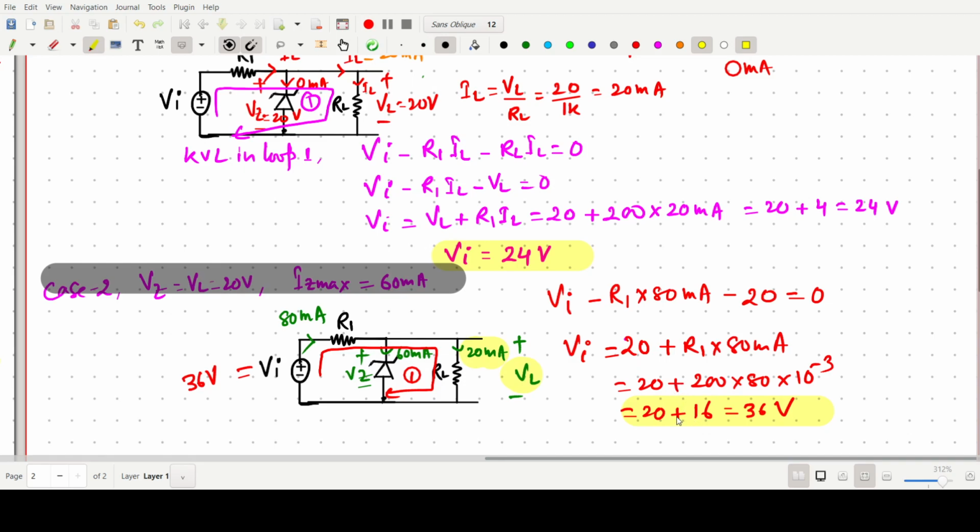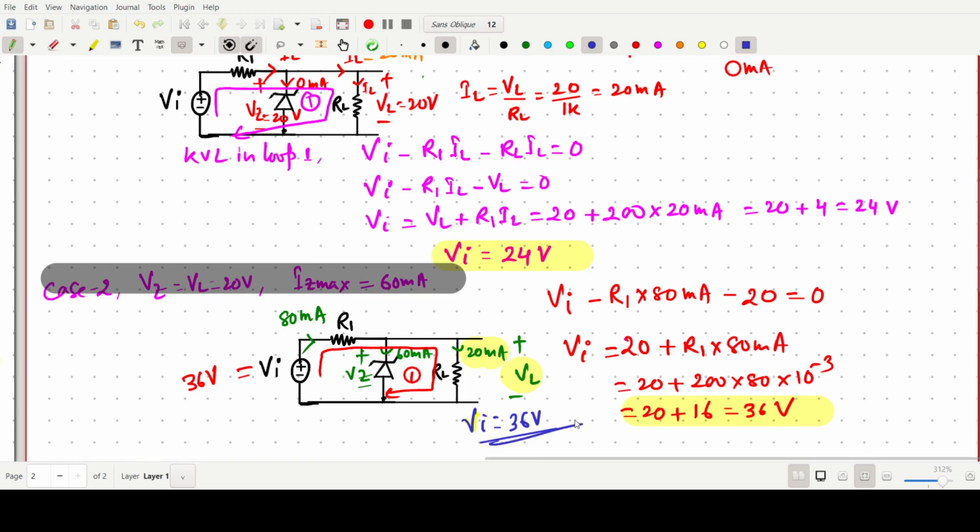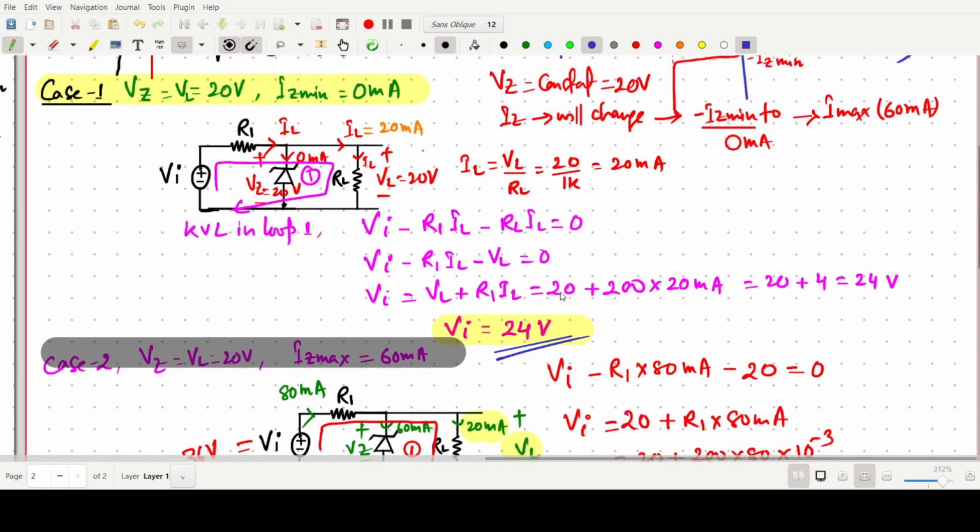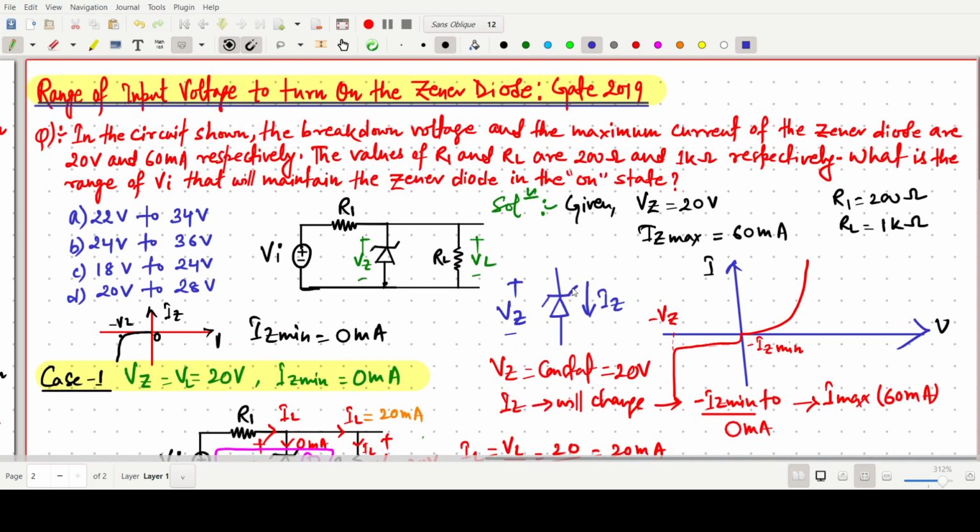So the range of Vi will be 24 volt to 36 volt. So the option will be 24 to 36, that is our option number 2.